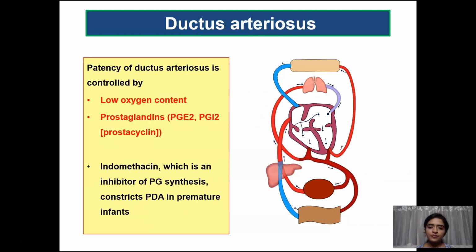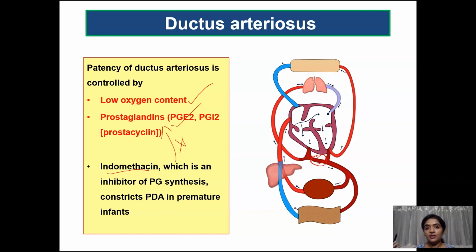Now, when we talk about the ductus arteriosus, its patency is kept open by two main factors. One is the low oxygen content, and the main factor is prostaglandins, PGE2 and PGI2. Indomethacin is an inhibitor of prostaglandin synthesis.